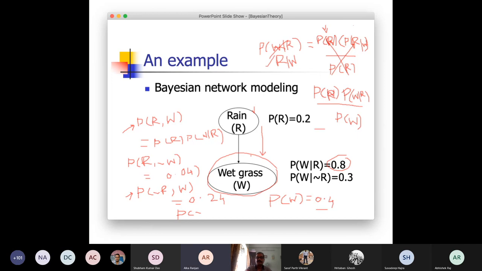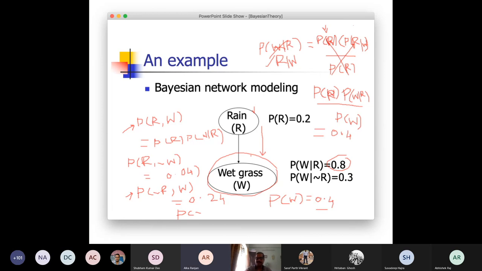So what is this value? 0.4. This value would be I think 0.4. No? That means if it is wet, then the probability of rain is 0.4 and probability of not having rain is 0.6, which is higher.